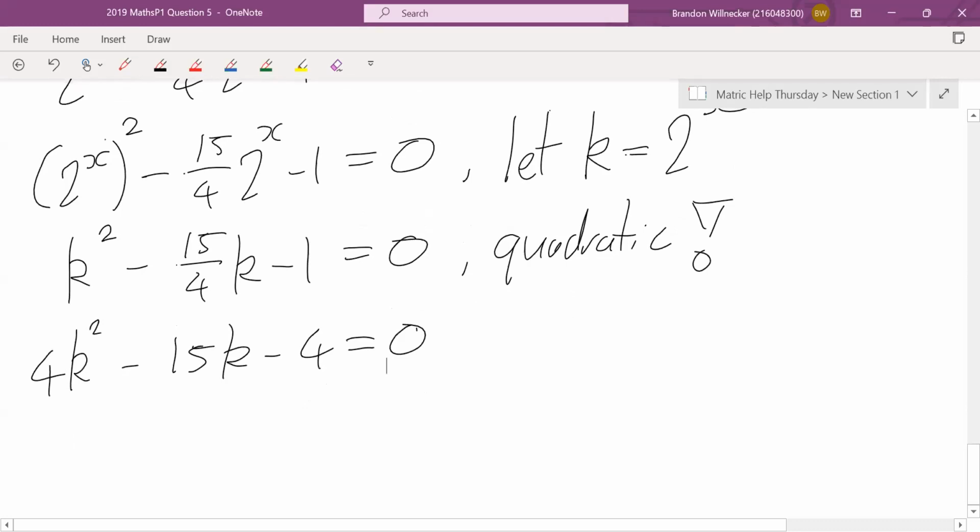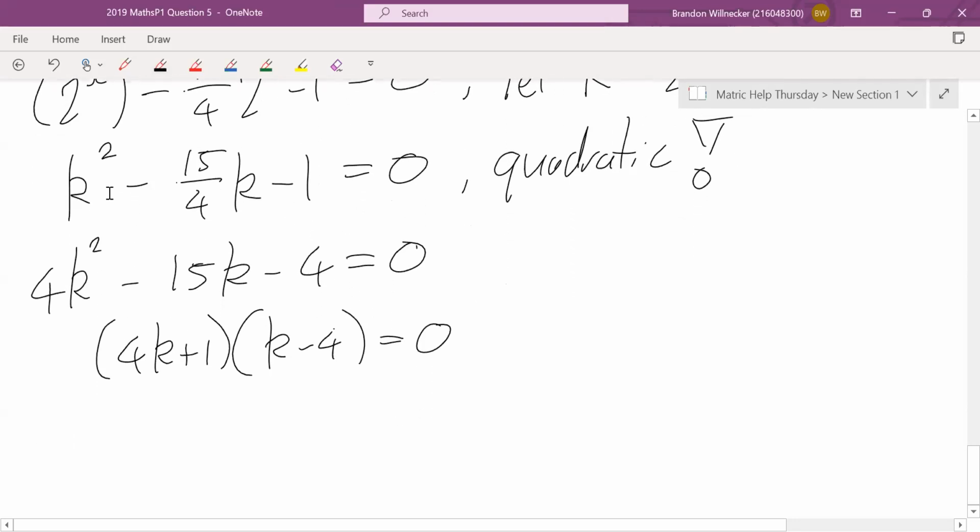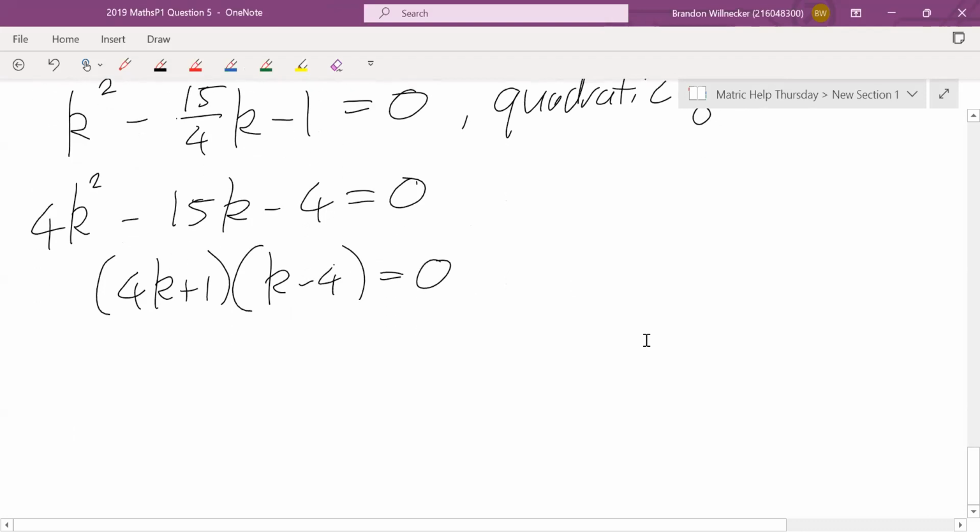Okay, so this can be factored quite nicely into 4k plus 1 as our first factor and k minus 4 as our second factor. Okay, so I encourage you, just multiply that out if you have a piece of paper nearby and just convince yourself that that works. Okay, now that we've got two factors, we can solve each one separately.